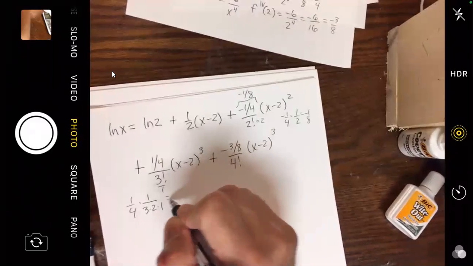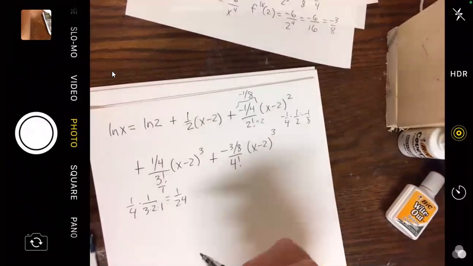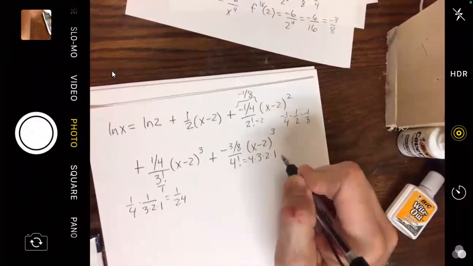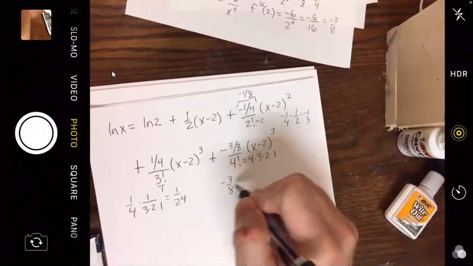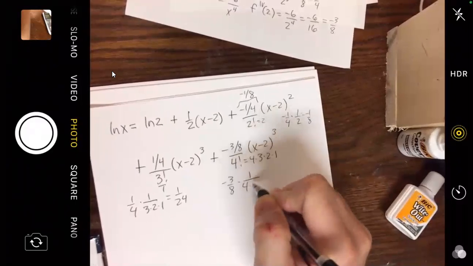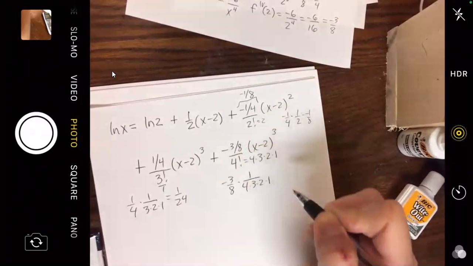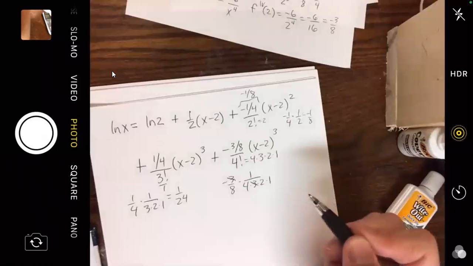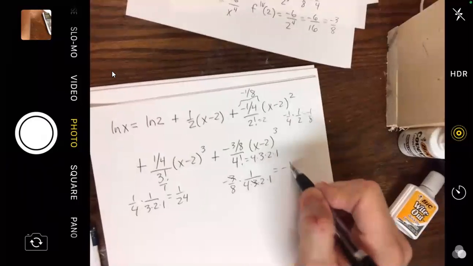So yeah, there's your 1 over 24. And this is 4 times 3 times 2 times 1. So that's negative 3/8 times 1 over 4 times 3 times 2 times 1. Your 3's cancel here if you want to simplify it out. So there's 32 times 2. That's negative 1 over 64.